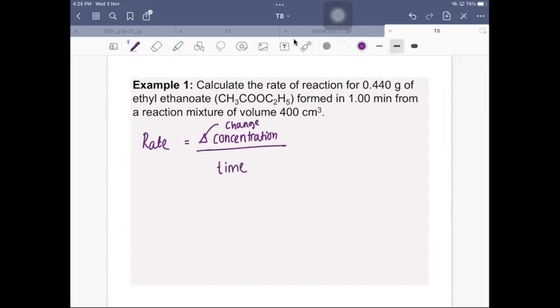The question did not mention the units, but I would like you to leave your units in mole per dm cube per second. So the first hint is to find the concentration of ethyl ethanoate.